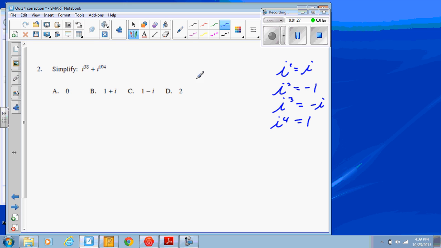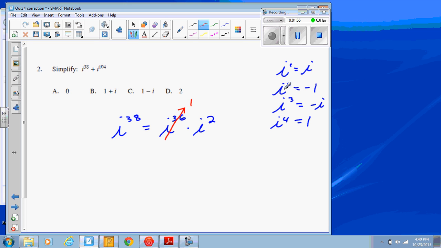So what I do with i to the 38th, I think to myself, what's a multiple of 4 that's just below 38, or close to 38? And that would be i to the 36th. And then what's left over is i to the second, because 36 plus 2 is 38. Since 36 is a multiple of 4, this i to the 36 becomes 1.